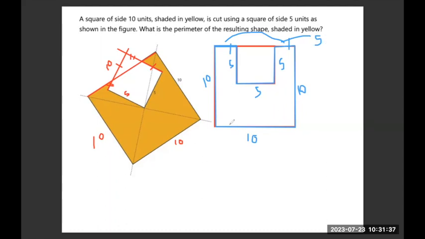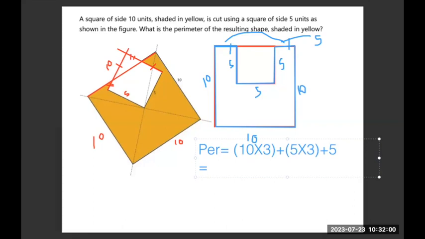So all I need to do is add it. Perimeter will be equal to 10 into 3 plus 5 into 3 plus 5.